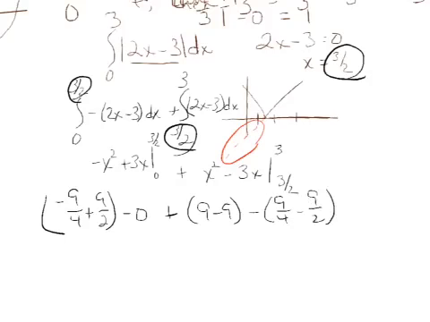Well, negative 9/4 plus 18/4 gives me 9/4. Here this becomes a 0. And 9/4 minus 18/4 gives me a negative 9/4, but it's minus, so minus a negative becomes plus 9/4. So we get 18/4, which is equal to 9/2.